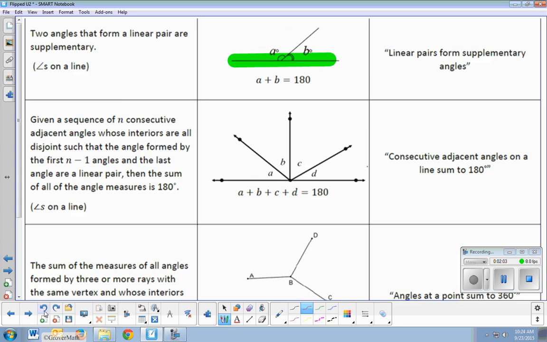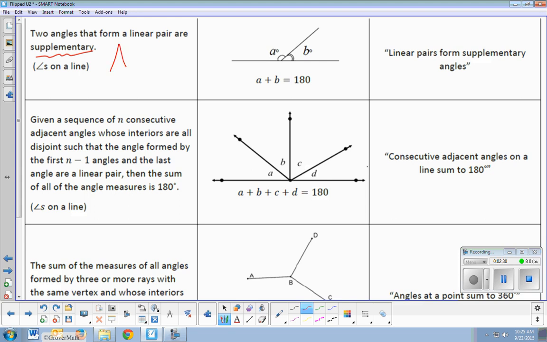So two angles that form a linear pair, like this angle and if I add it to this angle, I create this straight line. So these two angles added together form a straight line, a half circle arc, that's 180 degrees. That's called supplementary, and I'm sure you know that from previous grades. So two angles that form a linear pair are supplementary.